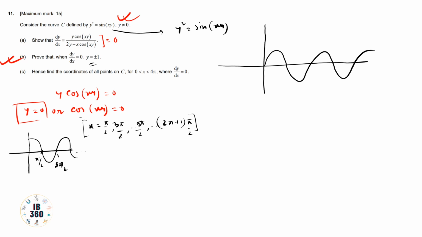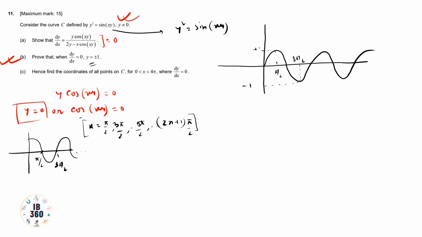At x equals pi by 2, you can see the value is plus 1. At 3 pi by 2, the value is minus 1.